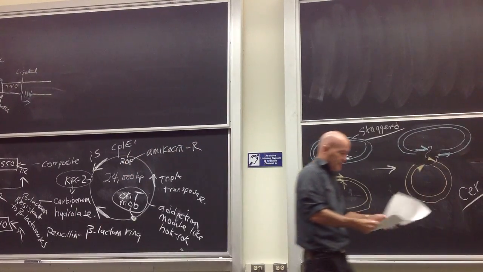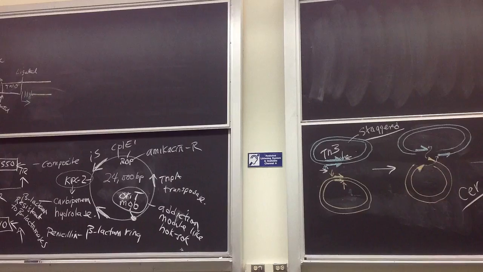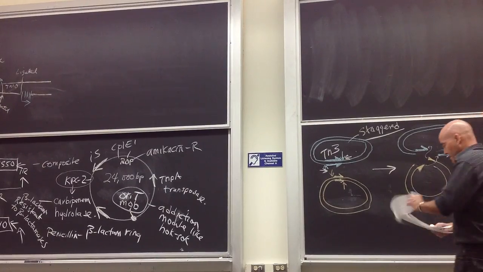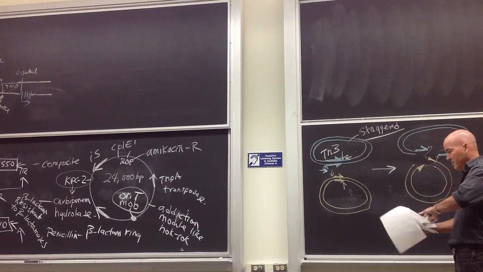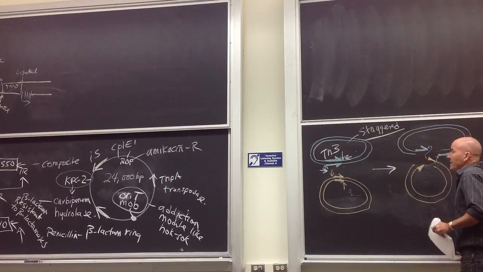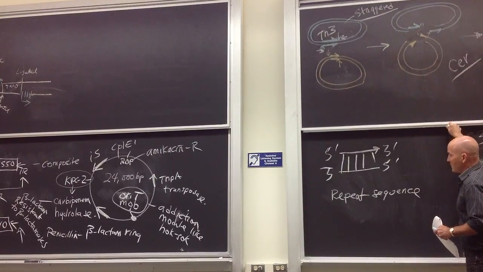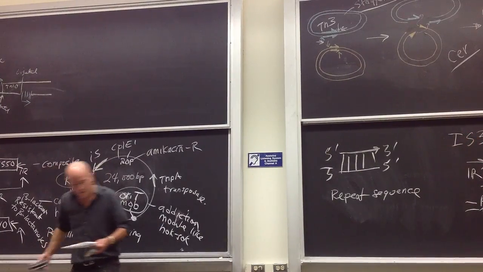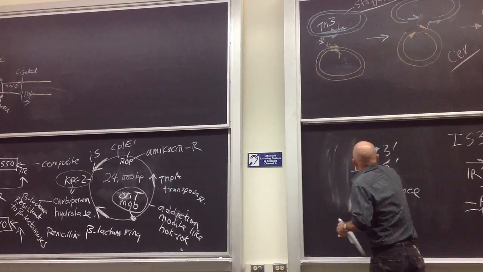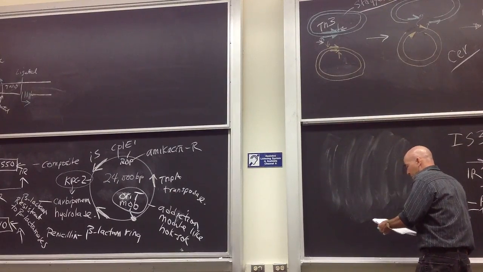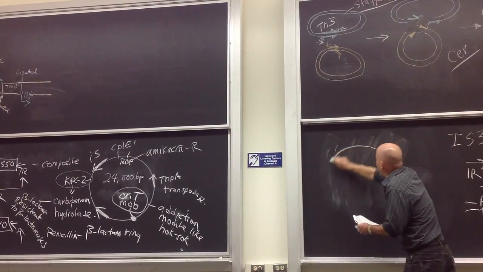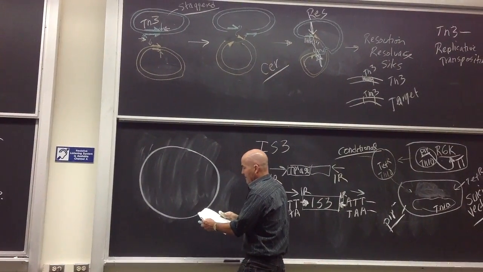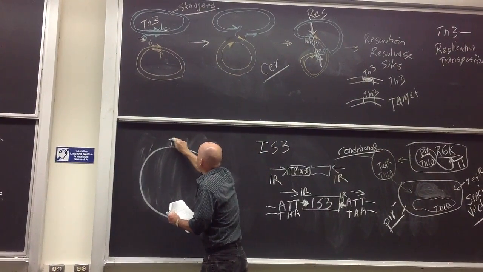And let me give you just one last example of that. And this is the last concept I want to give you on this. All right, so here's an example of Tn10. I'll call this the versatility of transposons. This is a real straightforward, just a little diagram of, let's say this is a Tn10.